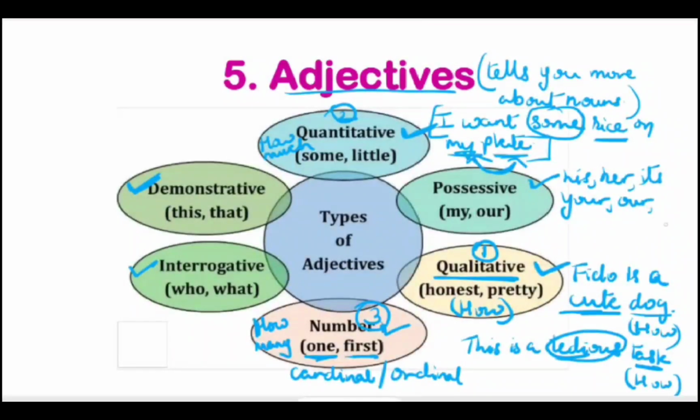We, our plate. They, their plate. And my plate. Yes, children. This is the list of possessive adjectives.